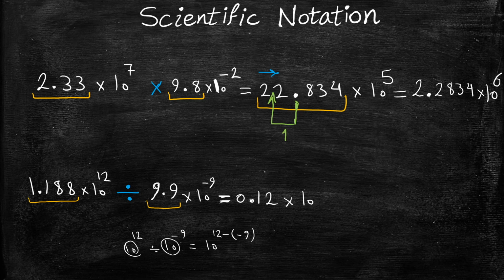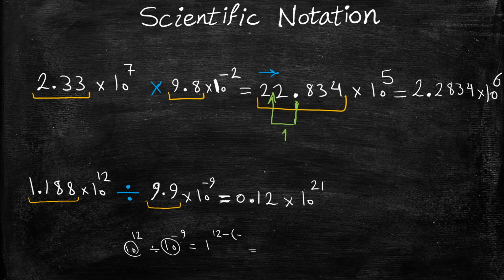When it's multiplication, we add up the powers. When it's division, we subtract the powers. So 12 minus negative 9, negative times negative, that's positive. So 12 plus 9, that's 21. So 10 to the power of 21.